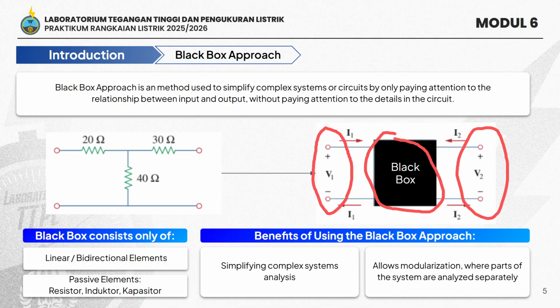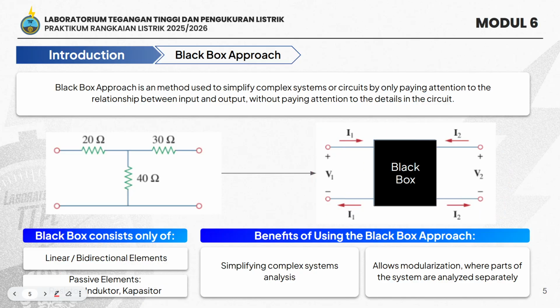But there are terms that have to be fulfilled if you want to use the black box approach in a circuit. A black box consists only of linear and bidirectional elements. So what are linear and bidirectional elements? Basically, linear elements are components that satisfy the relationship of electrical parameters such as voltage and current, where if the voltage is increased, then the current will be increased too.